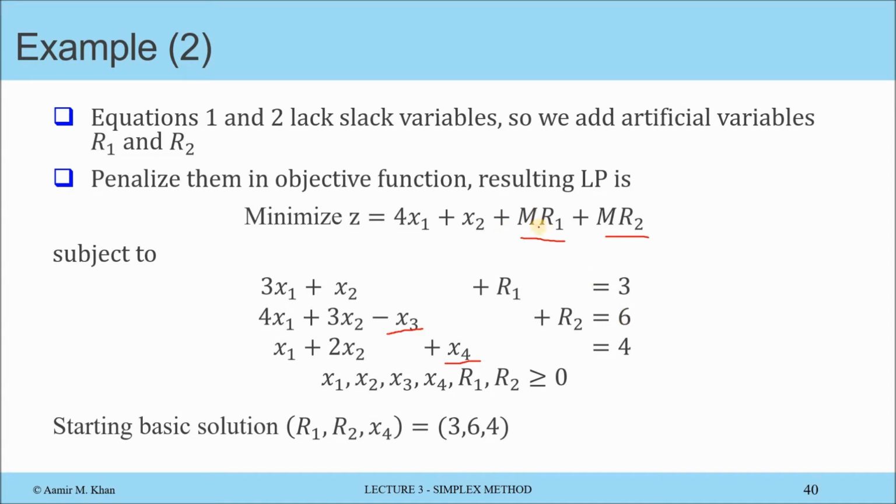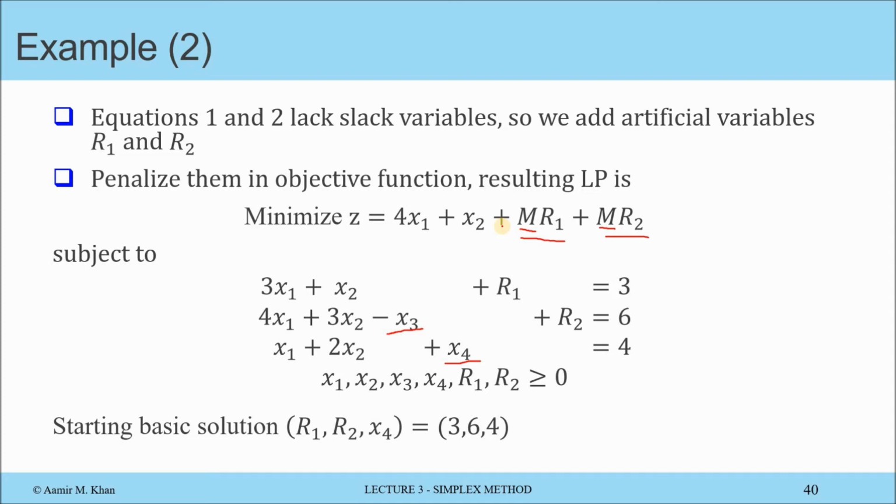And because we are producing them ourselves and they don't exist naturally, we put a penalty for them. For now it is shown as M, but in practical cases we will put a number here, maybe 1000, 2000, 10,000. Capital M means some number that is very, very big compared to the rest of the equations.